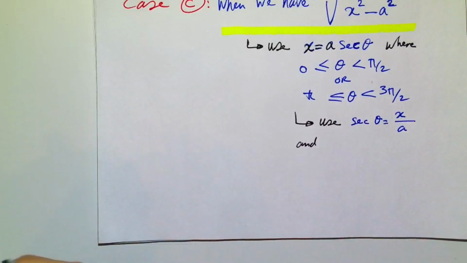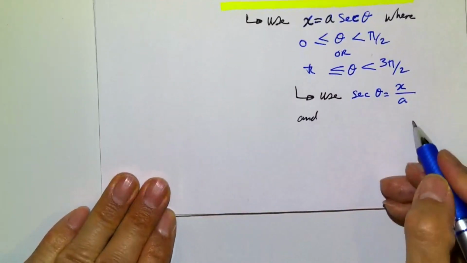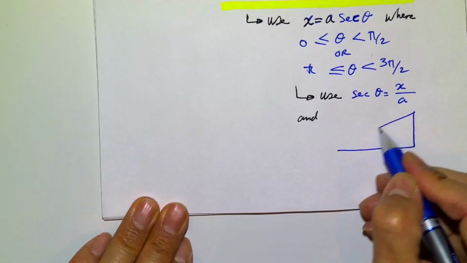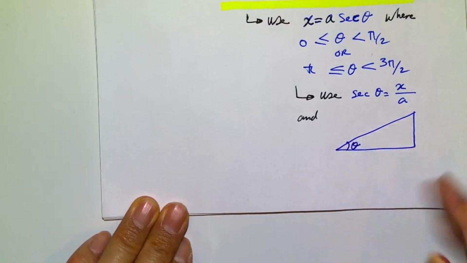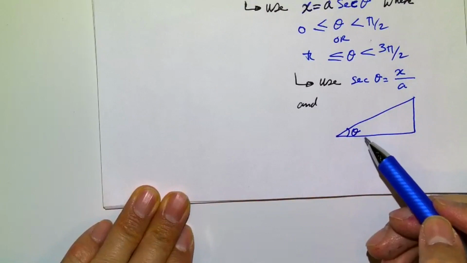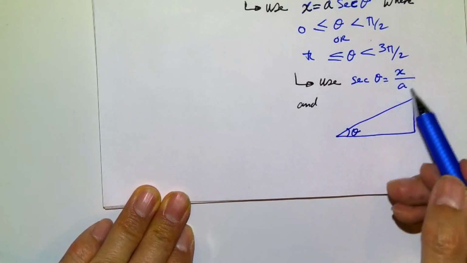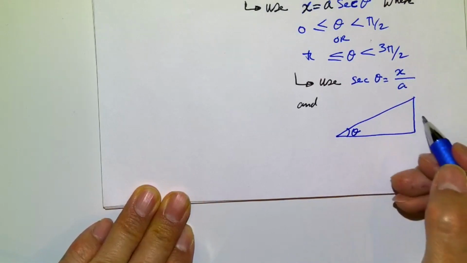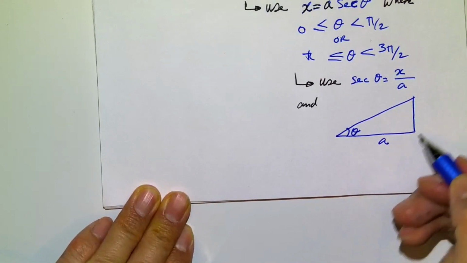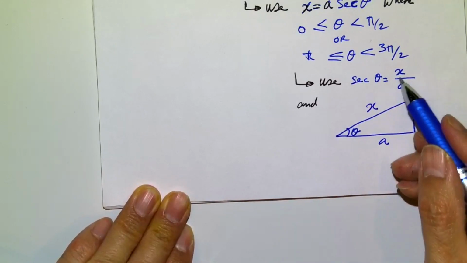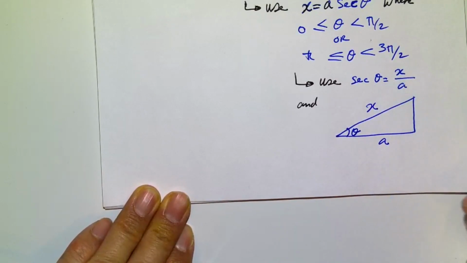And then, of course, let me draw the right triangle translation here. If that's theta, cosine theta would have been the reciprocal of that. So it would have to be the adjacent divided by the hypotenuse. And because that secant is x over a, cosine would be a over x.